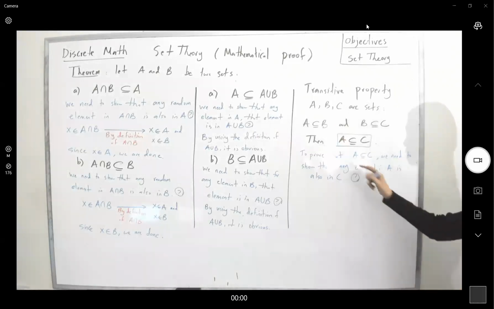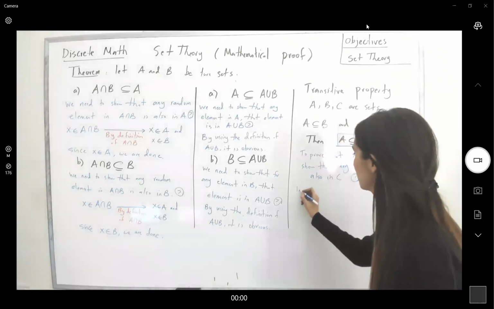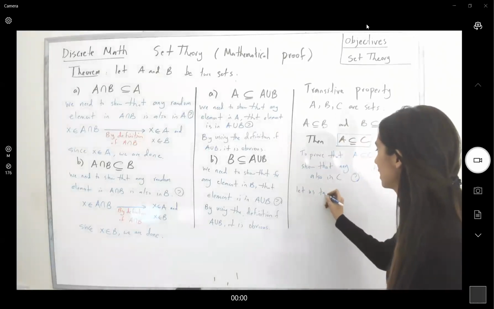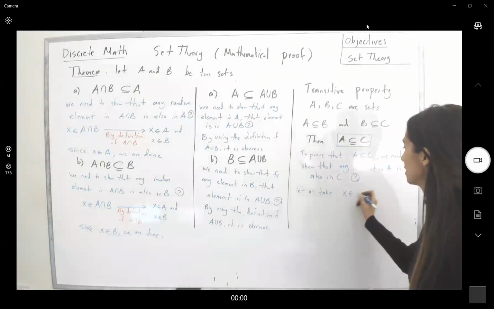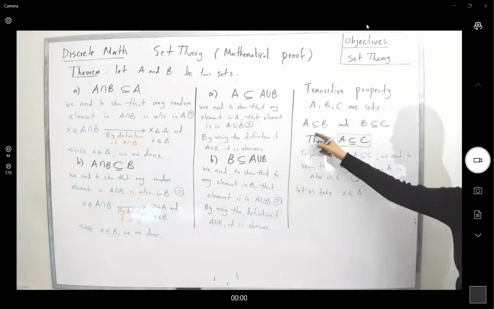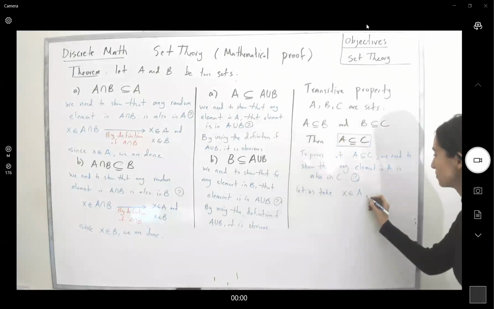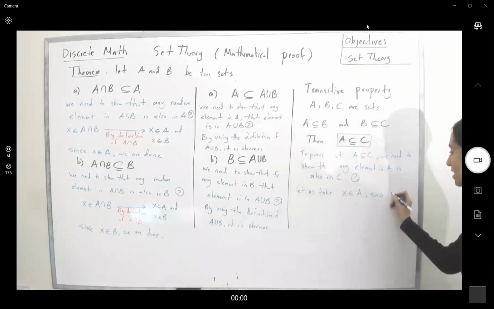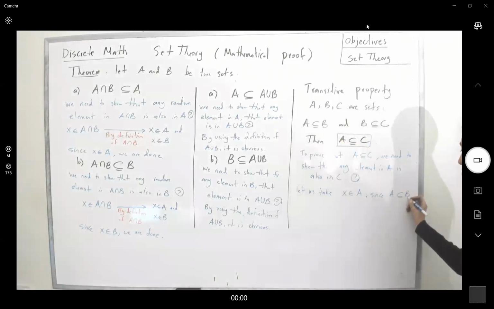Okay, let us start. We need to take a random element in A. Let us take X in A. We know that A is in B. Since A is a subset of B, X belongs to B as well.